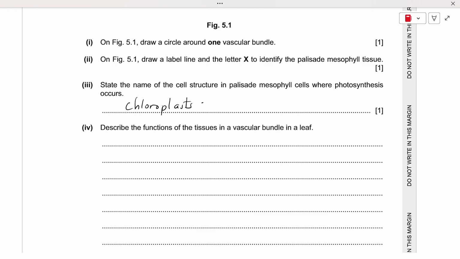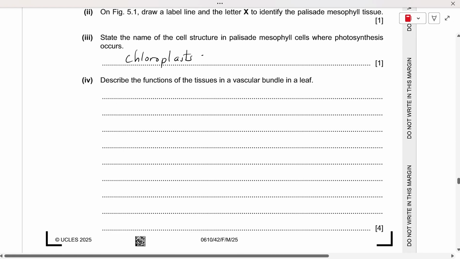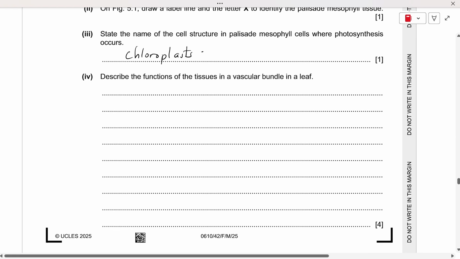Okay, describe the functions of the tissues in vascular bundle in a leaf. Okay, what is the function of the vascular bundle? All right, so we have functions of xylem, we have functions of phloem. Phloem usually transports assimilates, or we can say the products of photosynthesis like sucrose. While xylem, this one here, transports water.